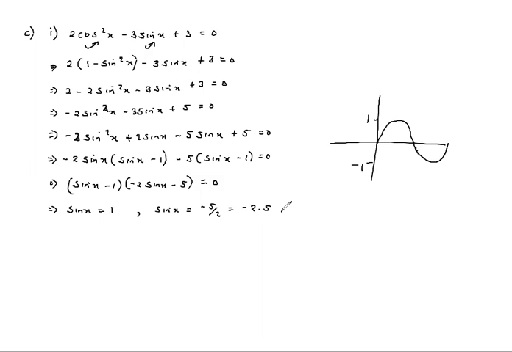So you discard this immediately and remain with sine x is equal to 1. And it is 1 at 90 degrees. So x is 90 degrees, or pi over 2. Why else is it 1? To be 1 after the circle. But we were told to find x between 0 and 2 pi. So that's the only x that we have there.